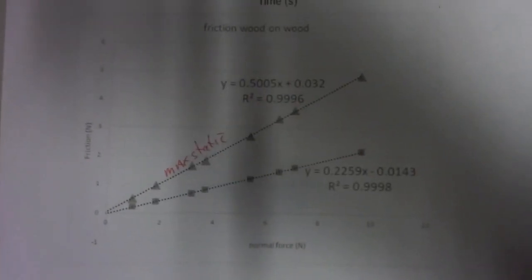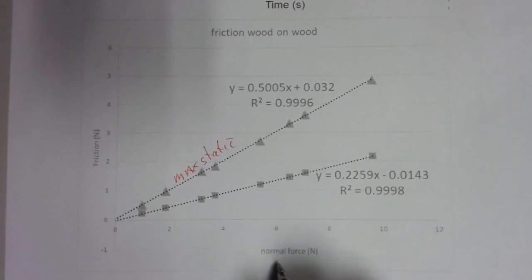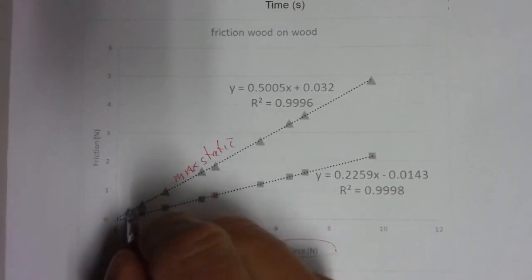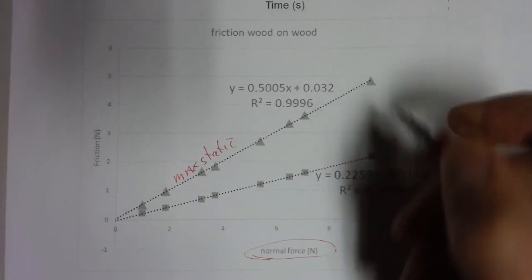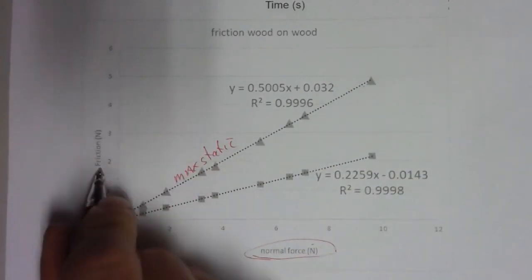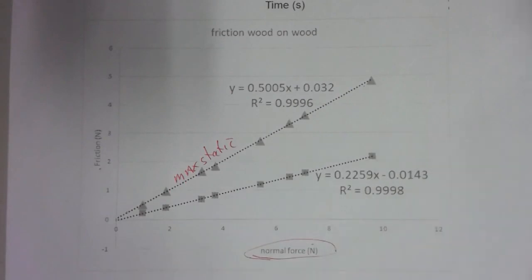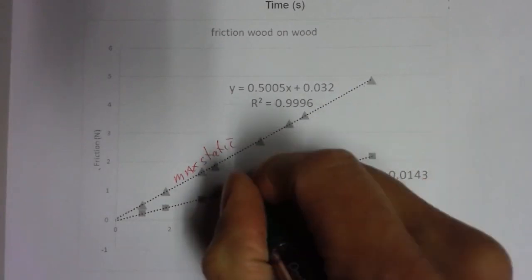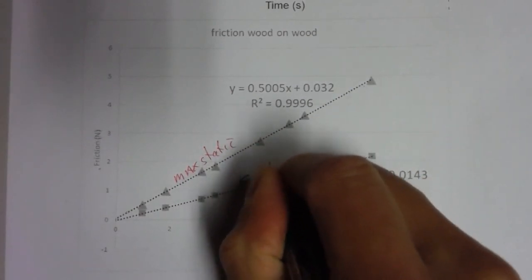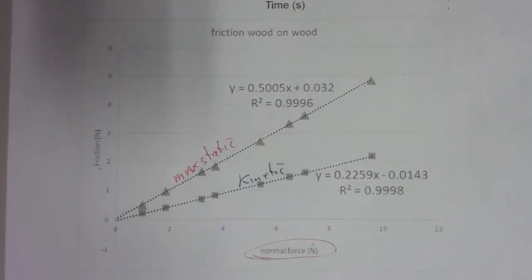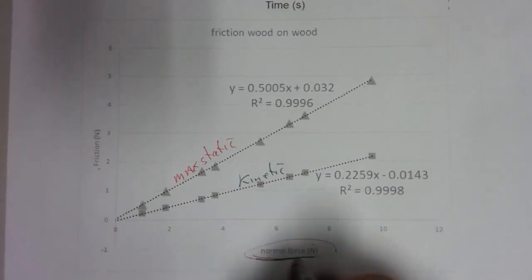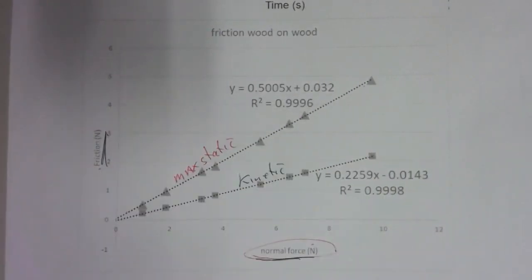And it was consistent when we compared it to the normal force. We got a linear regression, a direct relationship between normal force and maximum static friction. Likewise, for the kinetic friction here, this one's kinetic. We had a linear regression there, which shows a consistent direct relationship between normal force and the frictional force.